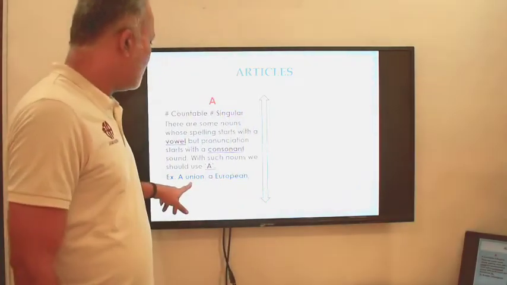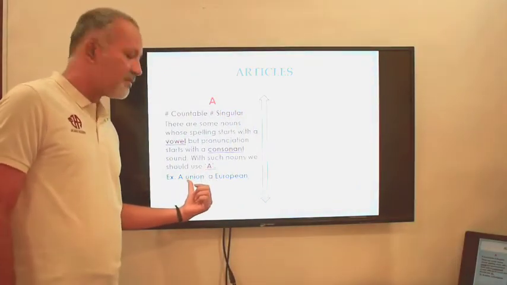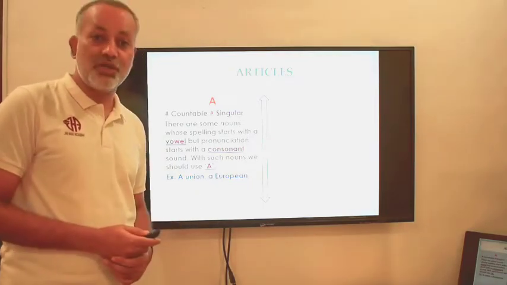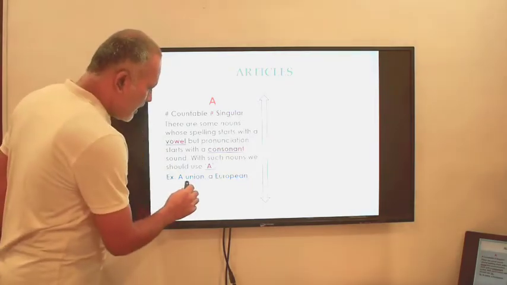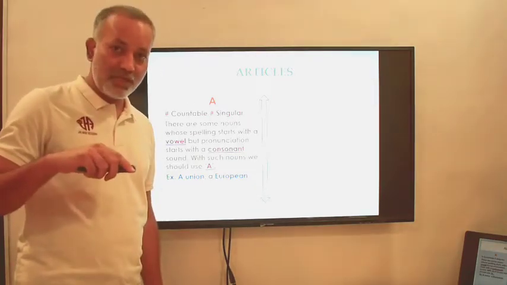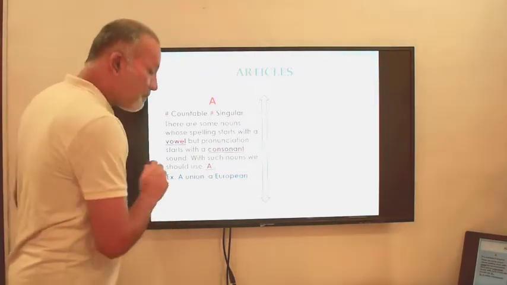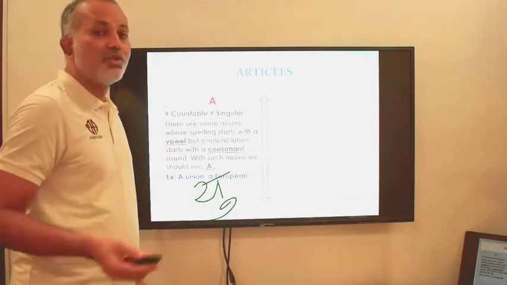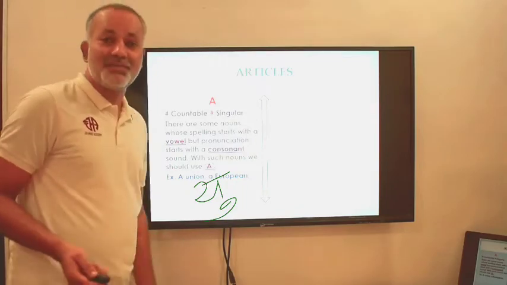See, a union. Here the spelling starts with a vowel, but its pronunciation starts with a consonant sound. U एक vowel है, A-I-O-U में से एक है, right? अब इसका pronunciation अगर हम देखेंगे तो that starts with U, which is not a vowel. अब बोलेंगे कि ये क्या concept है?